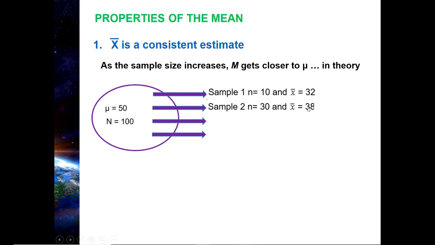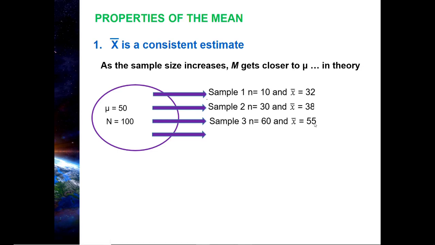Okay? So now let's reach in, and this time we include 60 of the 100 possible scores. And according to the theory, X bar should now be even closer to the population mean. Now, this time it's only 5 points off, right?